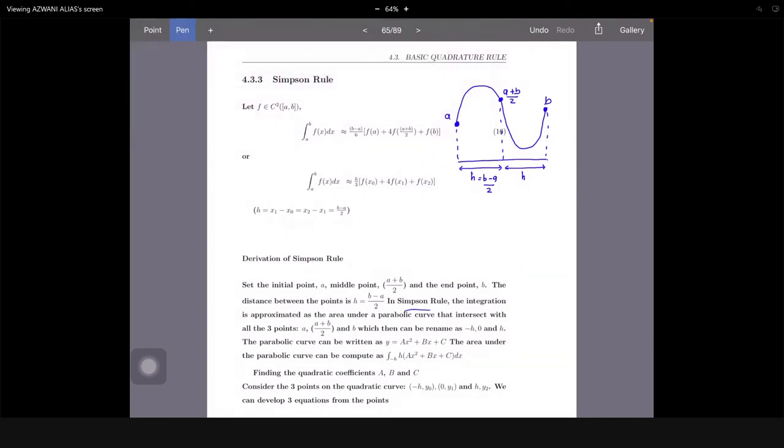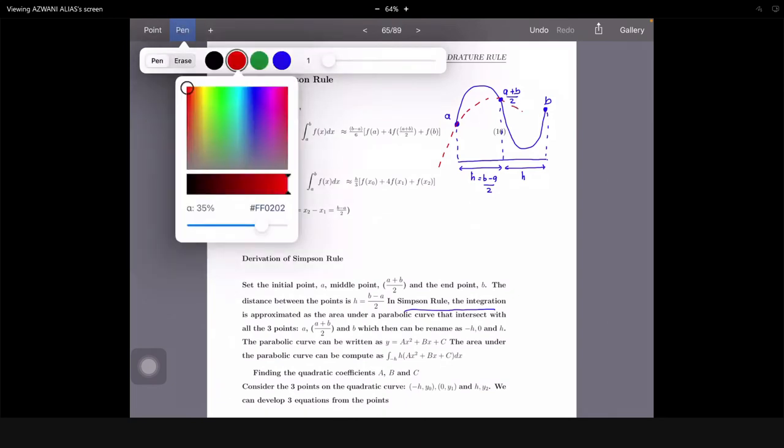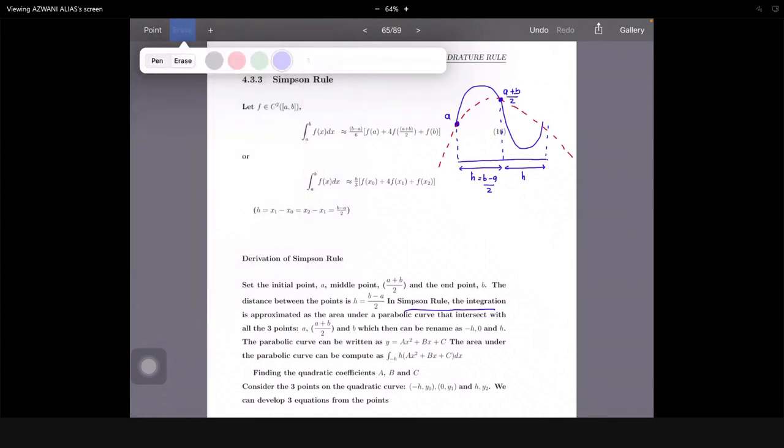In Simpson Rule, the integration is approximated as the area under a parabolic curve. Area under parabolic curve that intersect with 3 points. So, dia assume that ada satu parabolic curve yang kena kepada ketiga-tiga titik tersebut. So, let's say this is a parabolic curve. Tak cantik lah, sekejap ni. Let's say I remove the point B kat sini.